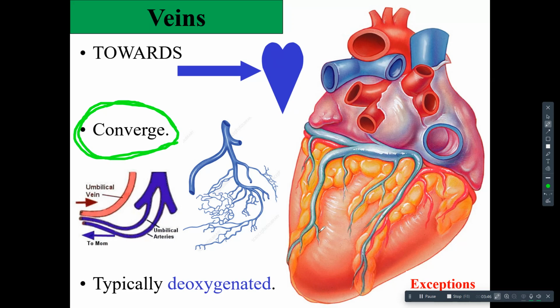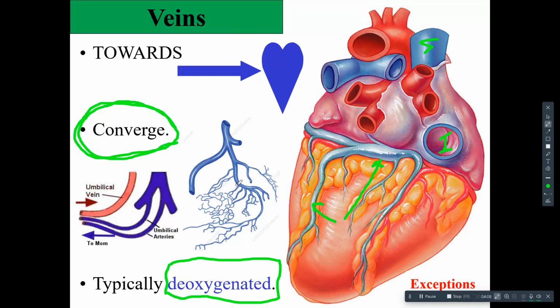Now veins, like these coronary veins here, like our inferior vena cava here and our superior vena cava here, are typically deoxygenated. Although, of course, there are exceptions. And the exceptions are going to mirror what they were for the arteries.